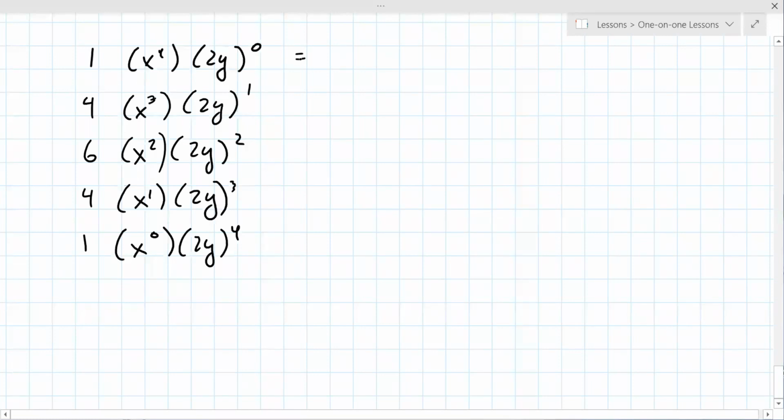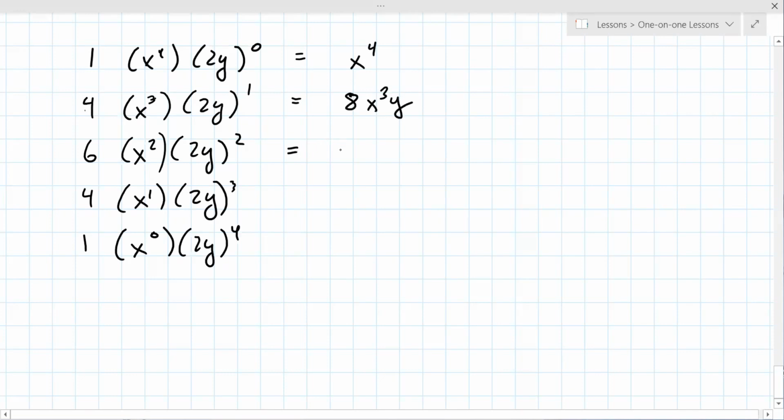I don't find that to be very useful here because you end up needing to evaluate these. So it's x to the 4th, 2y to the 0. That one's just 1. This whole thing becomes x to the 4th. This one is 2y to the 1st, so it stays itself, times the 4, that's 8y, times x cubed, so it's 8x cubed y.